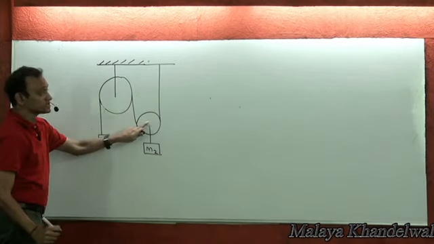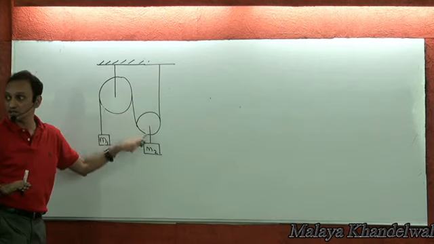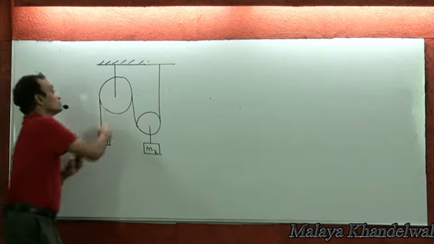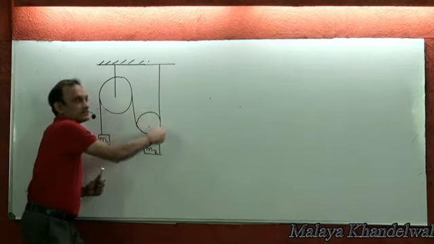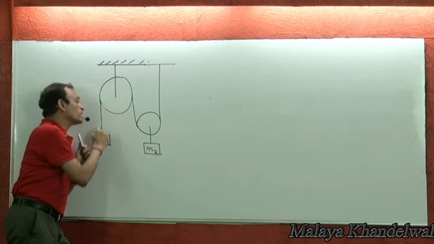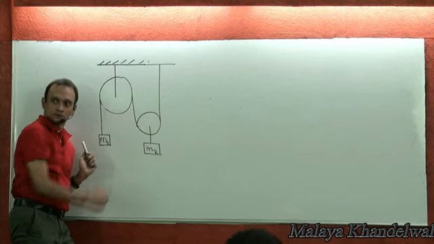This is a fixed pulley, but this is a movable pulley, right? This will move up and down. This is a movable pulley, this is a fixed pulley. And this is the only string that we perceive here. This is the string that we are talking of, right? We are going to deploy string constraint for this string, right?